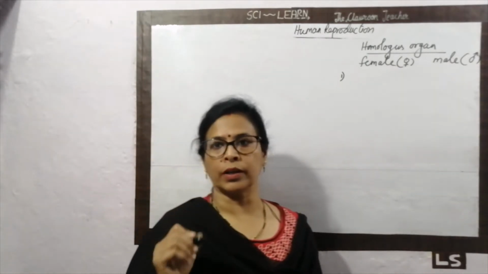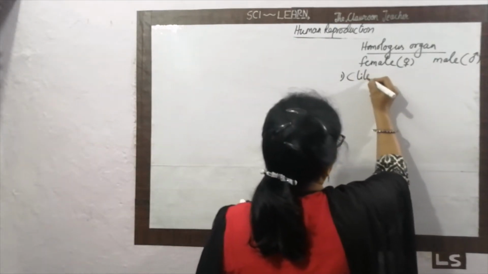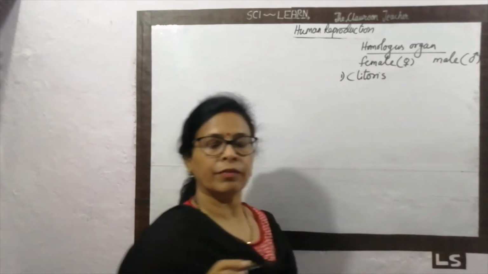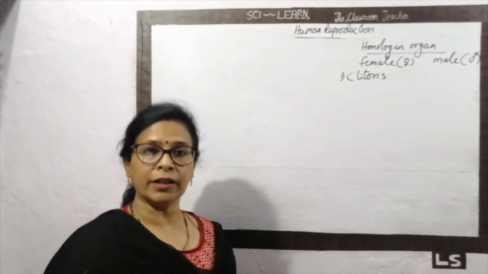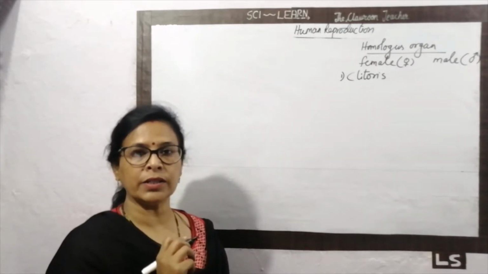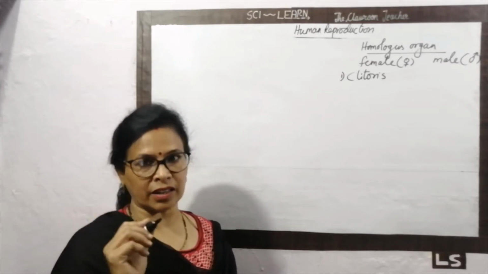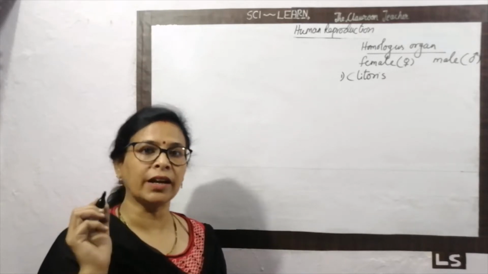First homologous organ is the clitoris. It is present in the female, and one organ present in the male corresponds to it. The function of the clitoris is erection. It is made up of erectile tissue.